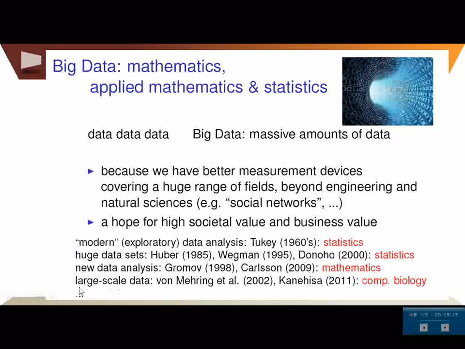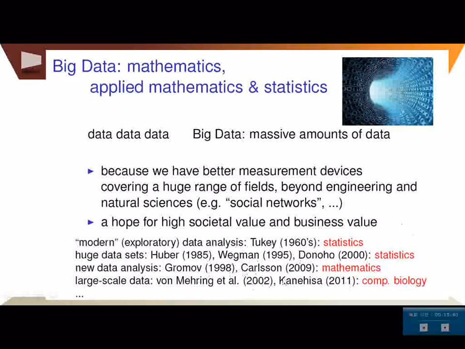Large-scale data has also been generated in computational biology, and the computational biology approach was applied to these large-scale data in biology, like the genome project.